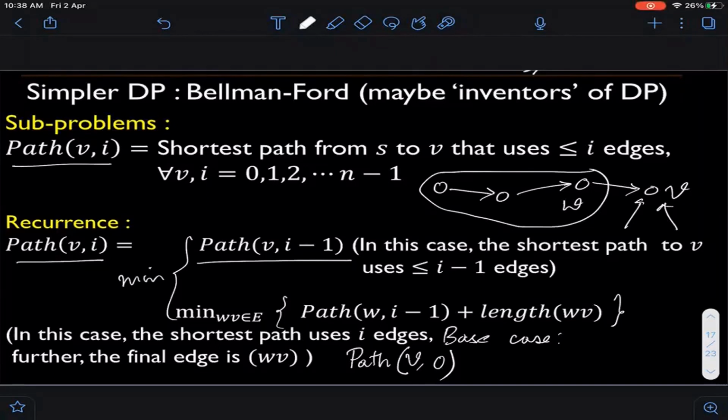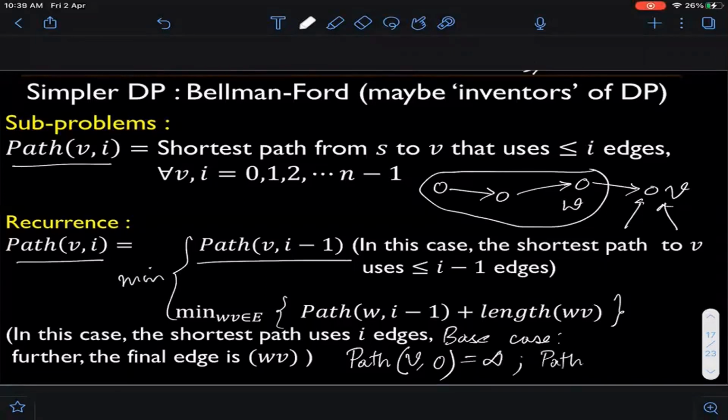What does it mean? It says what is the shortest path length from S to V using 0 number of edges. So unless V is equal to S, there is no way of reaching any other vertex, right? So yeah, this is equal to infinity.